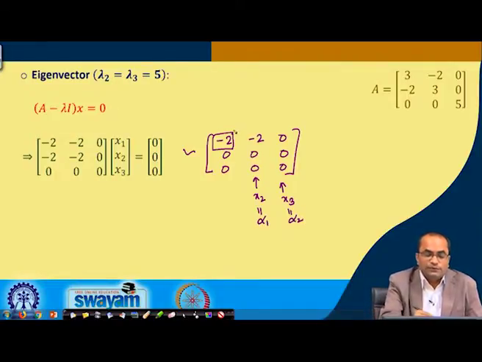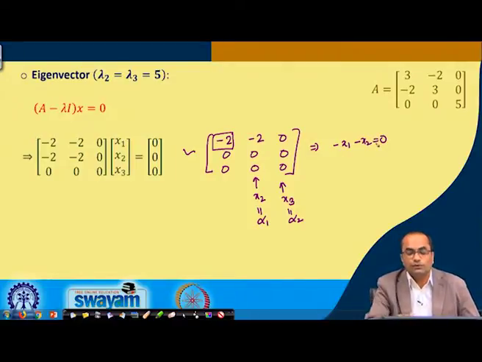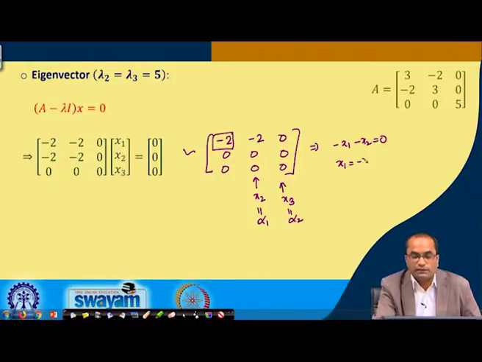Then from equation 1, we have minus 2 x 1 minus 2 x 2 is equal to 0, meaning x 1 is minus x 2. That is coming from equation number 1. So, x 1 is minus x 2, which means minus alpha 1.